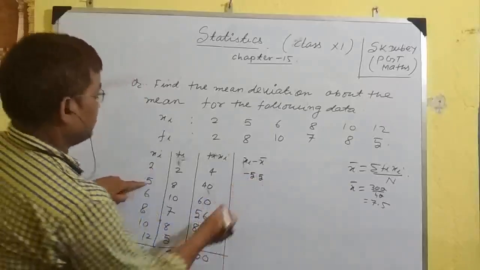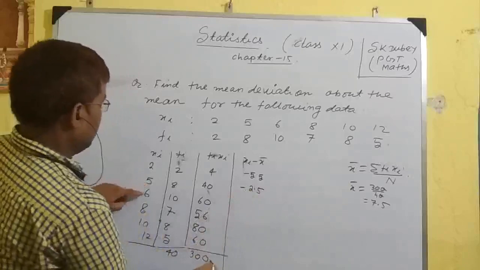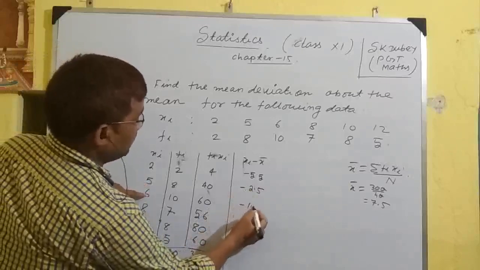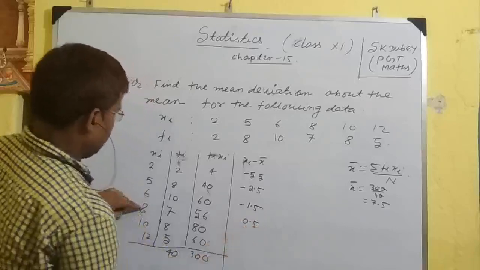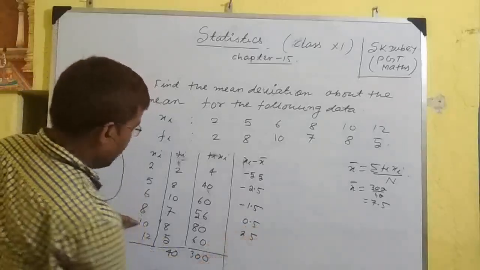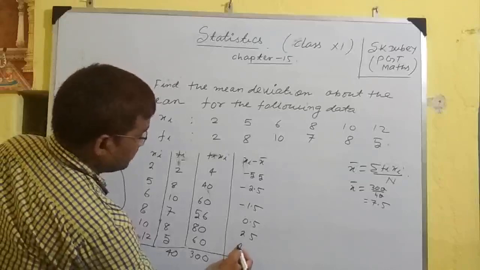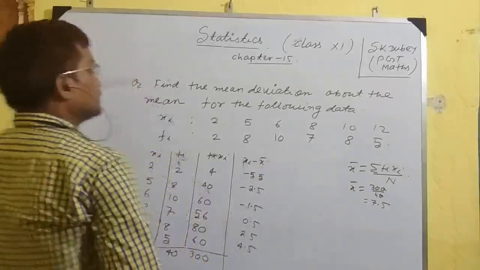Here it is minus 2.5, here minus 1.5, then 0.5, then 2.5, and here it is 4.5. But we have to calculate the absolute value.